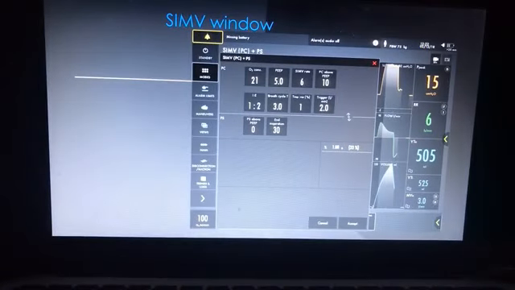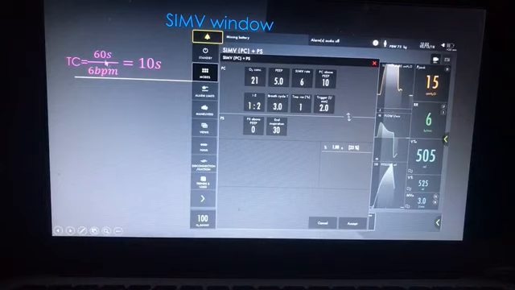SIMV window. As you'll see here, we set the rate at 6 and the breath cycle at 3. So we will calculate the total cycle: 60 over 6, which gives us 10 seconds.